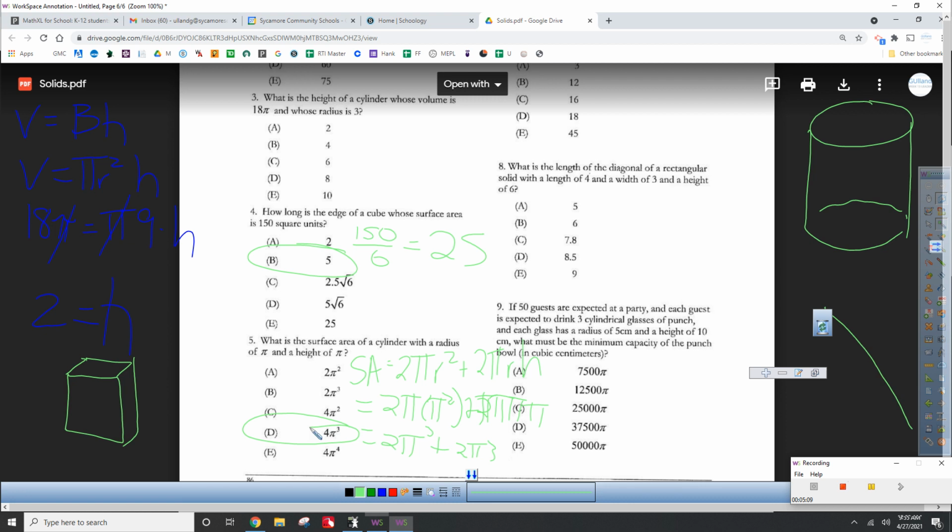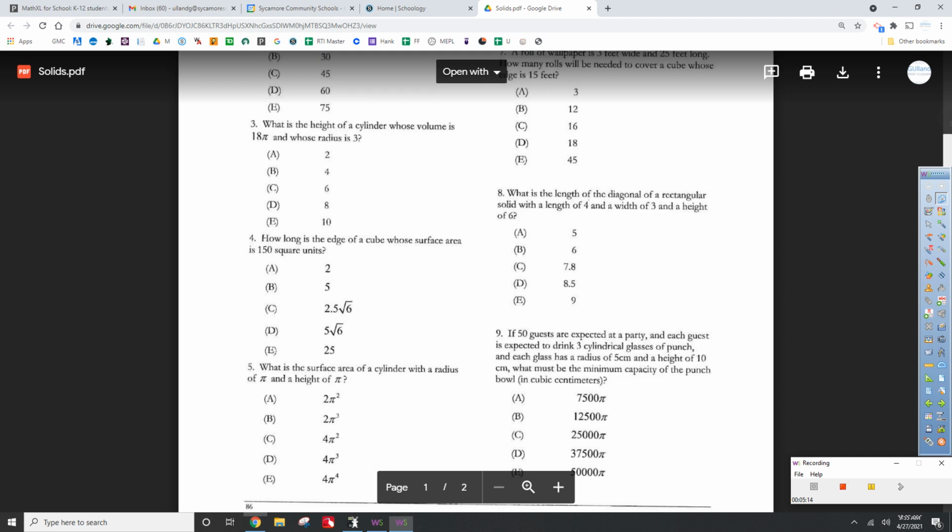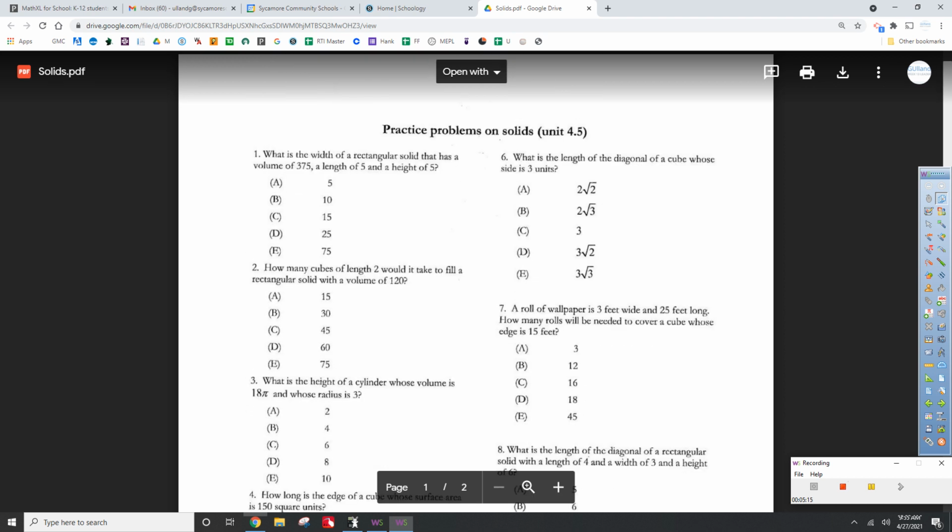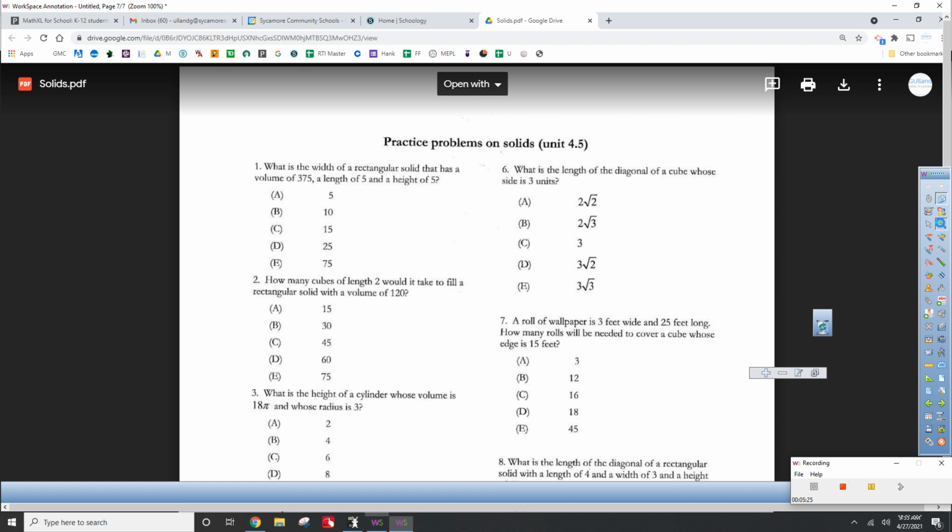Alright, next page. Next color. What is the length of the diagonal of a cube whose side is 3 units? The diagonal goes from corner to corner.